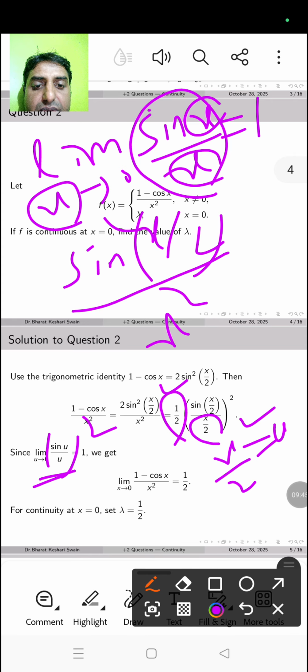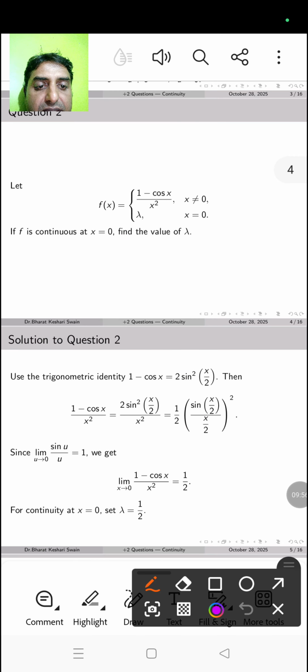Since limit u tends to 0 of sine u by u is equal to 1, it will be 1 square, so it will be equal to 1.